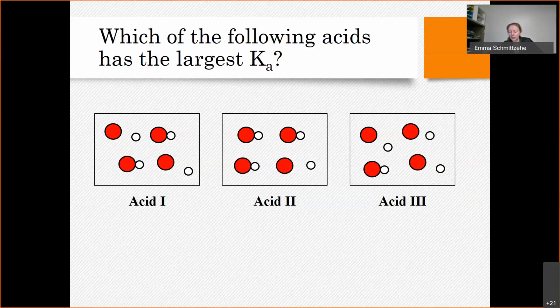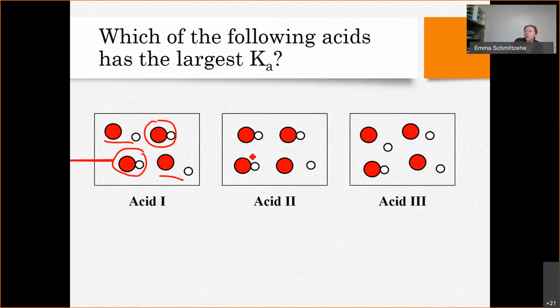And so in these pictures, what you should notice is in some of them they're attached and some of them they're split apart, or there's different numbers of them, right? And so in this first diagram, we've got two of them attached, right? And then two of them split apart. So that's indicating about 50% of them are ionizing in solution, right?